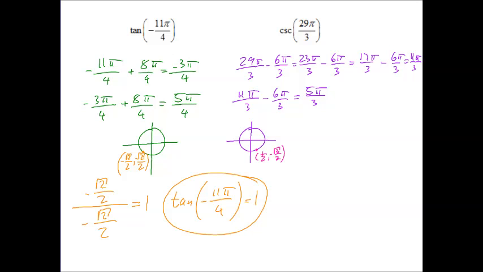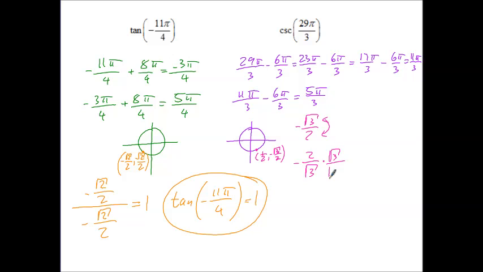We're supposed to find the cosecant. The cosecant is the reciprocal of the sine, and our sine would be the y-coordinate, negative square root of 3 over 2, and we need to flip it. Alright, so then we get negative 2 over the square root of 3, and with a radical in the denominator, we know we need to rationalize it.